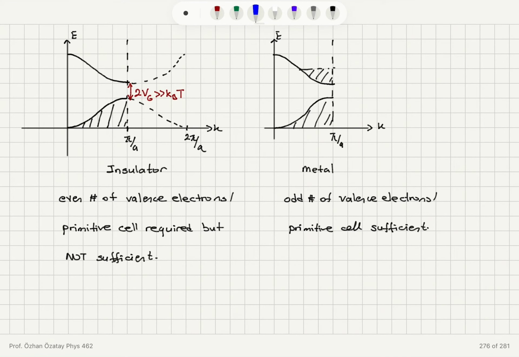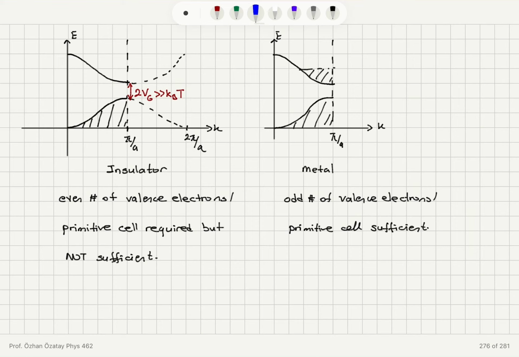This can be summarized by looking at the energy bands in the extended scheme. For example, in one direction, let's say we are plotting in a three-dimensional crystal the energy band diagram, you can see that if you have an even number of valence electrons, you have a completely full valence band, and the band above it, which has a 2Vg band gap at the zone boundary, is completely empty.